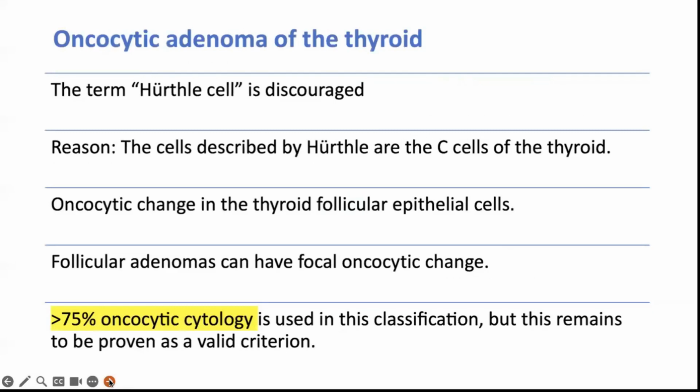Oncocytic change in thyroid follicular epithelial cells is what these Hürthle cells were named as, but now they have to be named as oncocytic cells because of their intense granular cytoplasm.